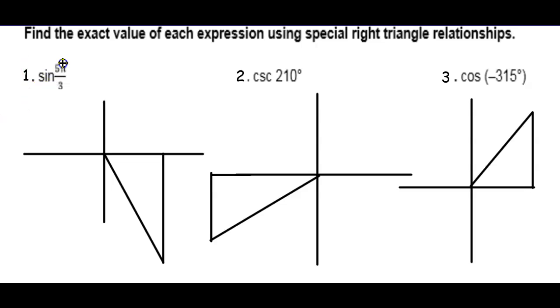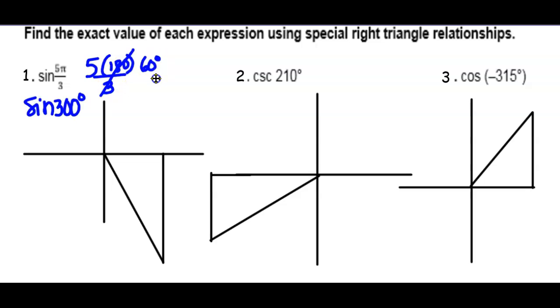All right, the sine of 5 pi over 3. Well, I would really like it if you got used to thinking of pi as 180. So to change that to degrees, 5 times 180 divided by 3, well, 3 goes into 180 60 times, so 5 times 60, this is really the sine of 300 degrees.